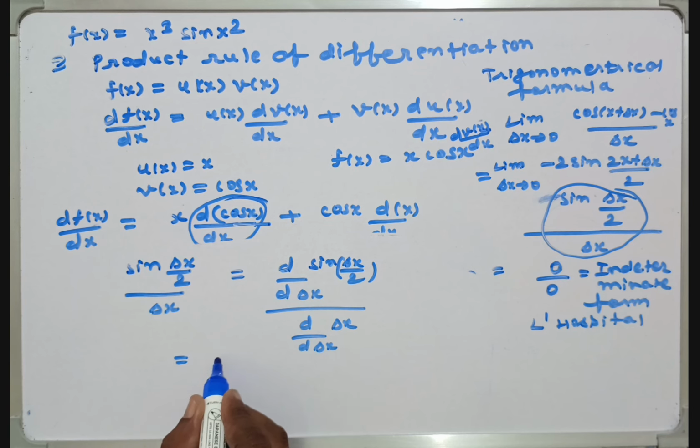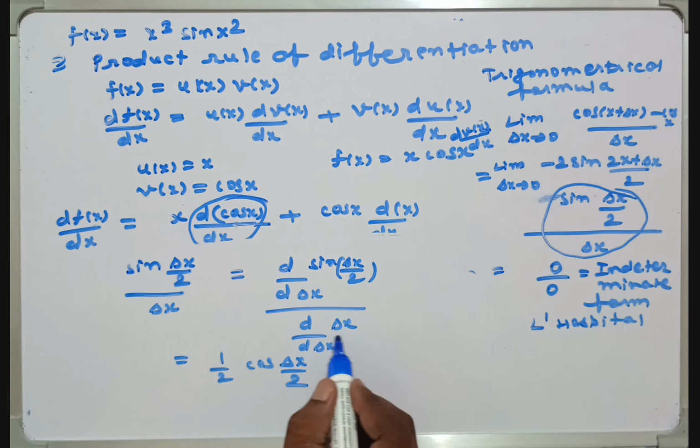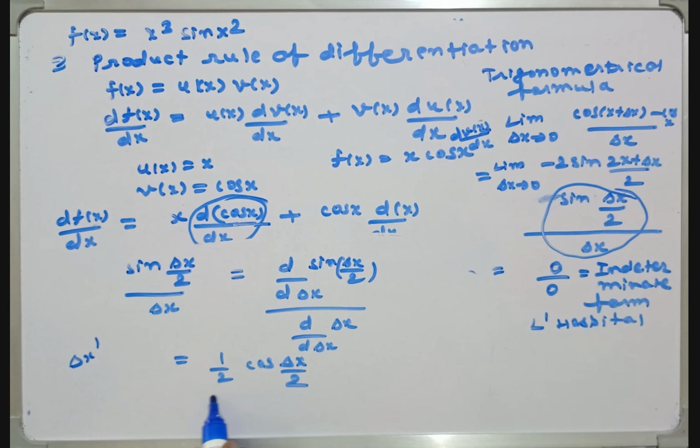So this will come 1 by 2, or this is cos delta x by 2. Okay. And this one, delta x to the power 1, so we can write it as 1. Okay. So finally what you get is 1 by 2 cos delta x by 2.